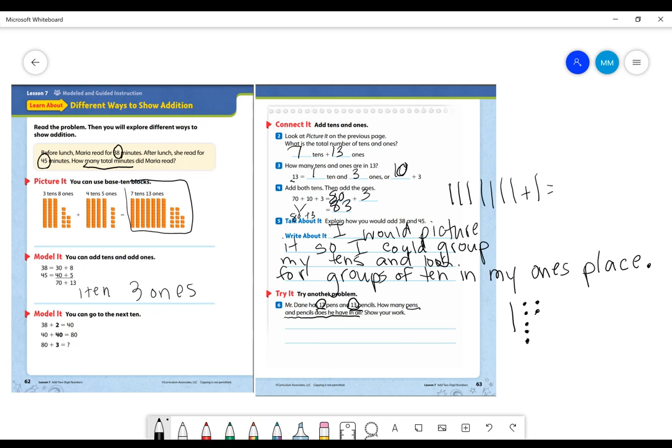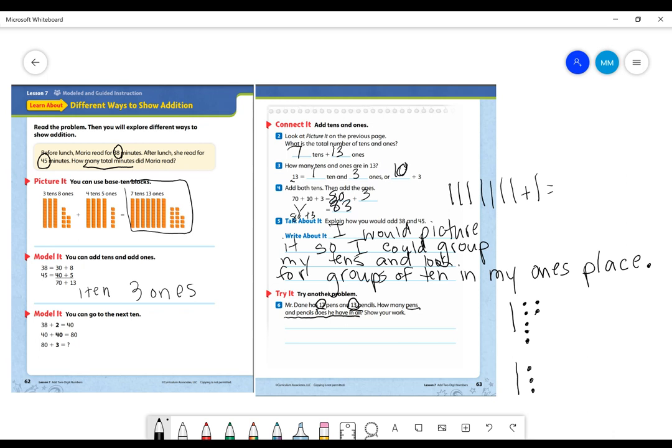So 13 pencils. So in 13, how many tens do I have? Looking at the first digit, it'll tell you how many tens you have. Oh, I'm sorry. I have 1 ten and 3 ones. All right.